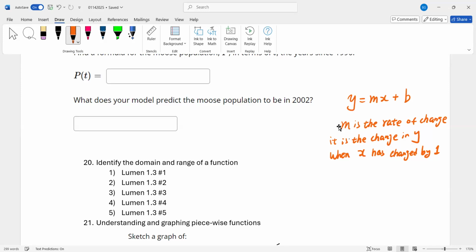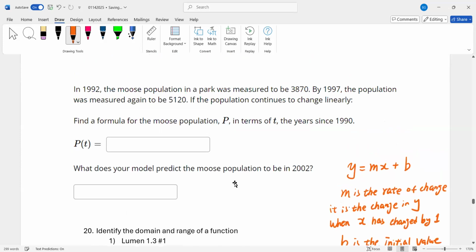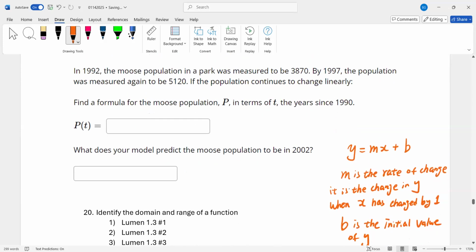So m here, the rate of change, is how much change in y when x makes 1 unit change. b here is the initial value of y, okay?